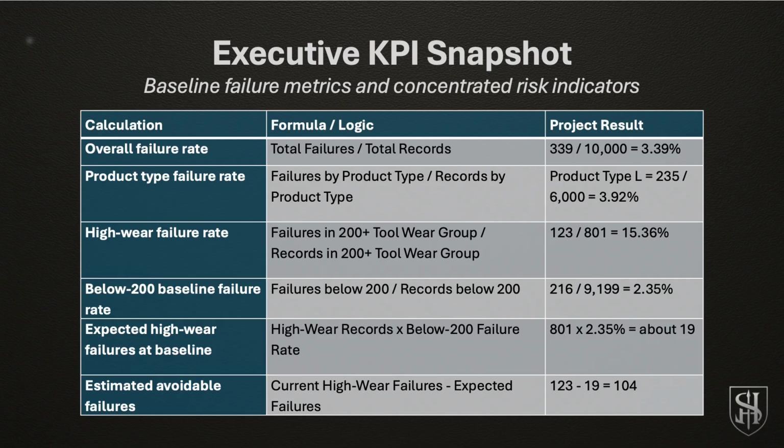The key takeaway from this slide is that the overall failure rate was 3.39%, but failure risk was not evenly distributed. The 200-plus tool wear group failed at 15.36%, compared with only 2.35% below 200 minutes. That gap supports the recommendation to test a preventive maintenance trigger before machines enter the highest risk wear range.